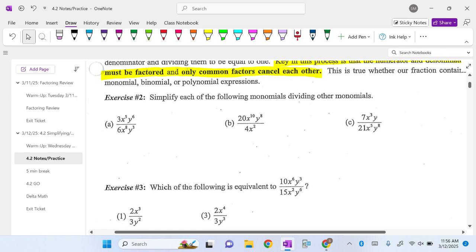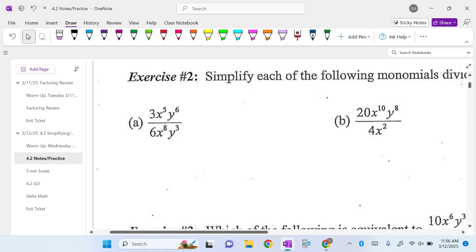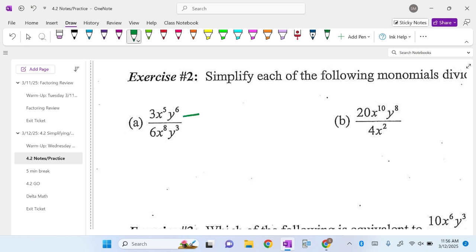So now let's simplify some monomials. So that means there's no real factoring. It's just all one thing going on here. So to help us with this, I'm going to separate both of these terms, I'm just going to expand them. So are there any factors of 3 besides 3 and 1? No, so I'm just going to write 3.